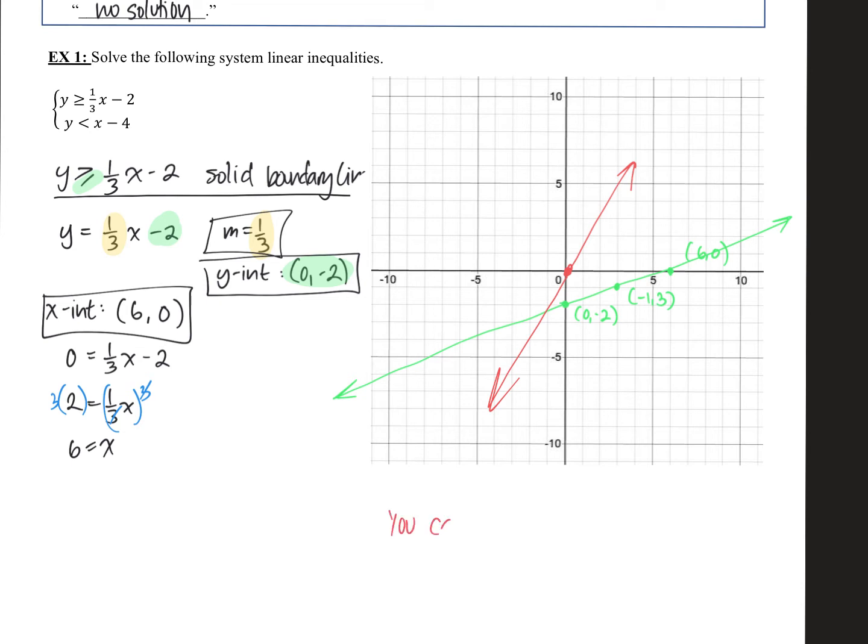You cannot use a point from your boundary to test. Say that out loud in your home and people will wonder what you're talking about. It cannot be touching your boundary. It needs to be somewhere else. There is some slight lenience on that, but a good rule of thumb, do not pick from your boundary.